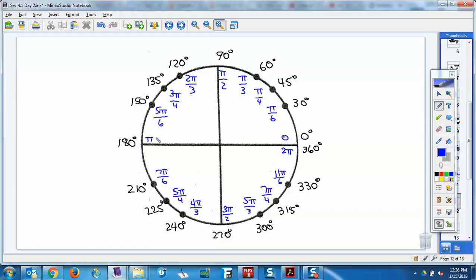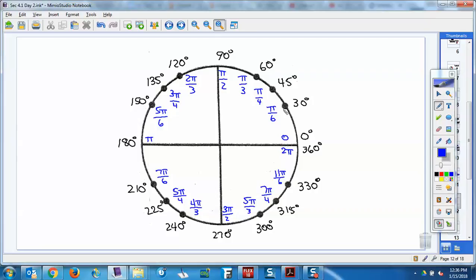Now, these will get easier to do as we go along. If this is 120, that's 2 60s, so that's 2 pi thirds. 135, that'd be 1, 2, 3 45s. Each 45 is pi fourths, so 3 pi fourths.